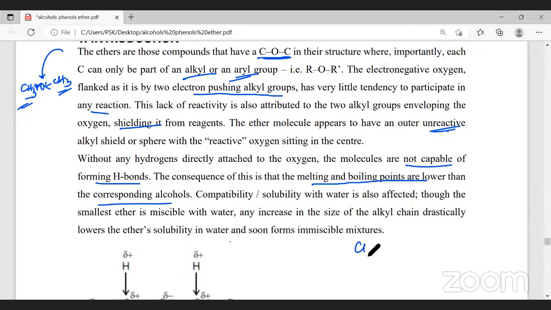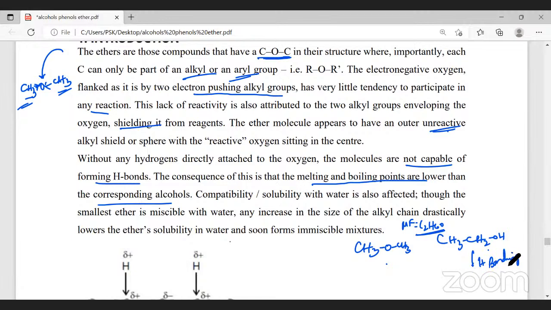Now, if you take an example like CH3OCH3, and if you take CH3CH2OH, this is an alcohol and this is an ether. Both will have the molecular formula C2H6O. The molecular formula for both is the same. Now, in case of ethanol, hydrogen bonding is possible.